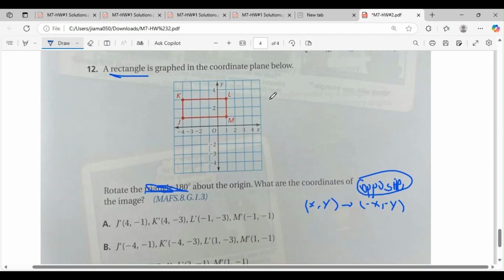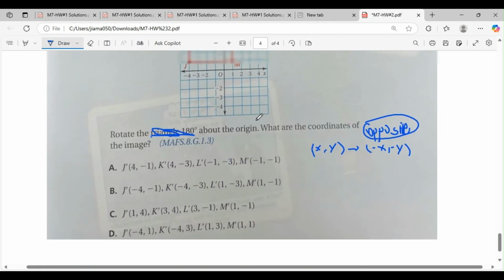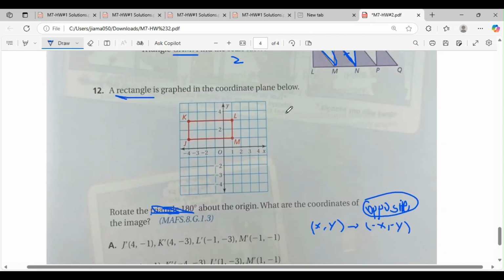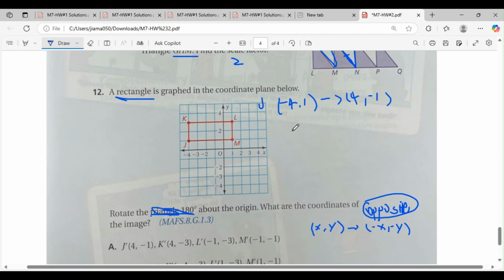let's start with point J. Point J is negative 4 and 1. That's J. It becomes the opposite number, which is 4, negative 1. Okay, this is the rule. Please remember it.